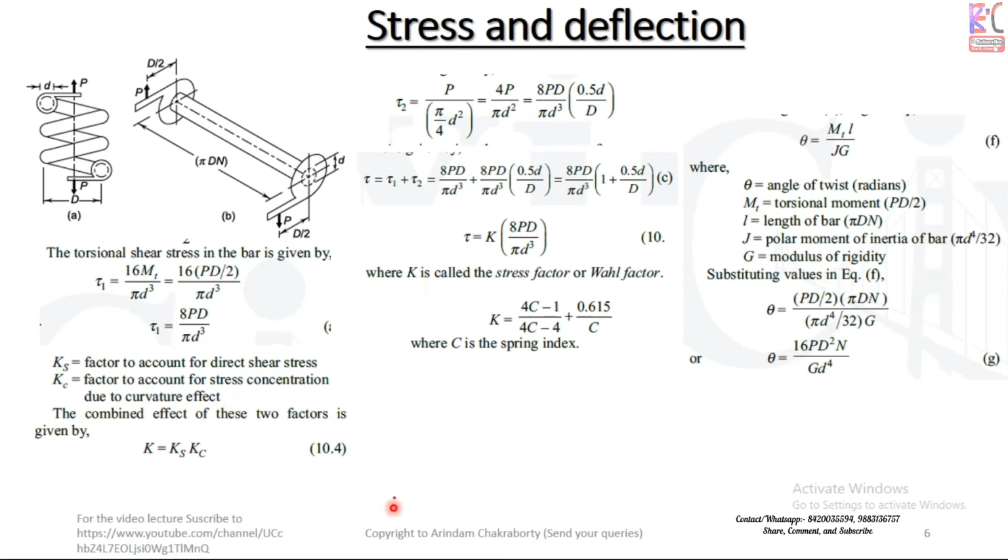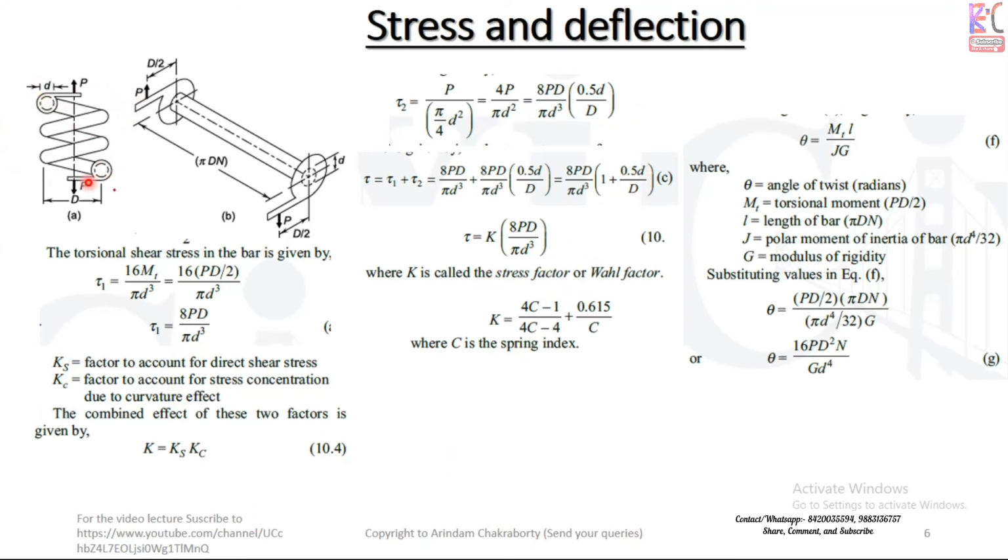Now try to understand, these two factors are employed to account for the practical scenario, how it works in practice. So this is a multiplier, which will be multiplied over here, as you will see in the coming session.